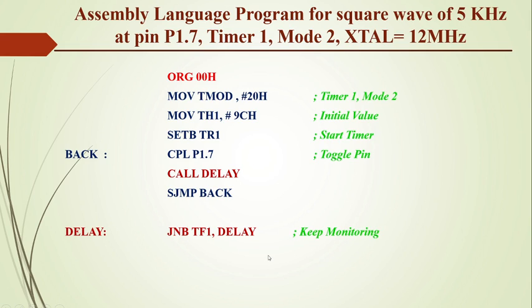So when the timer overflows and this condition becomes unsatisfied, it will come out from the loop and we have to clear the TF1 flag for the next round by using the instruction CLR TF1. And using this instruction RET, we are going back to this location, that is the jump back location. Here again we are complementing the P1.7 and calling the delay again and again, so the square wave is generated.